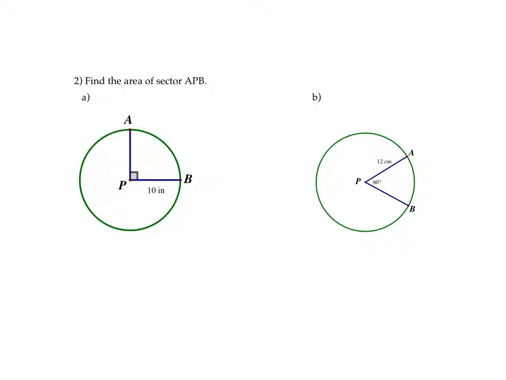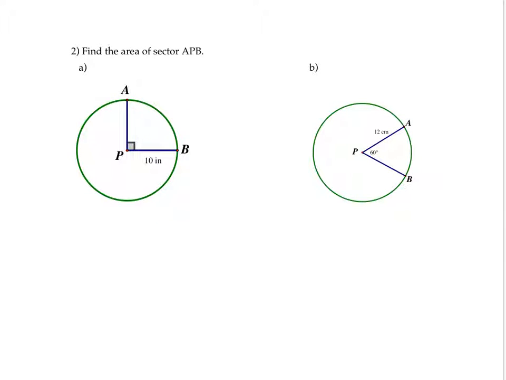Okay, finally for today, we're going to find the area of a sector. Recall that a sector is like a slice of pie, a piece of pizza, part of the whole area of a circle. Similar to arc length, we take the measure of the central angle and divide it by 360, because that tells us what fraction of the circle we're looking at.